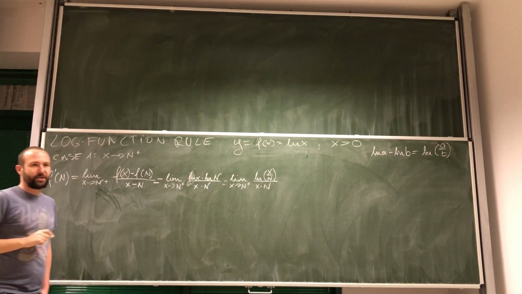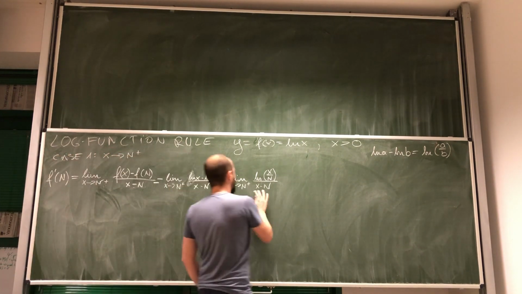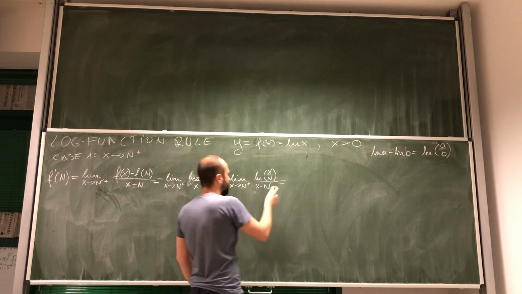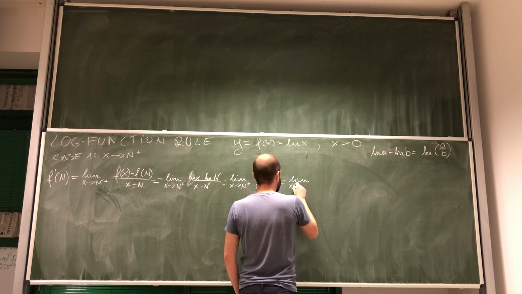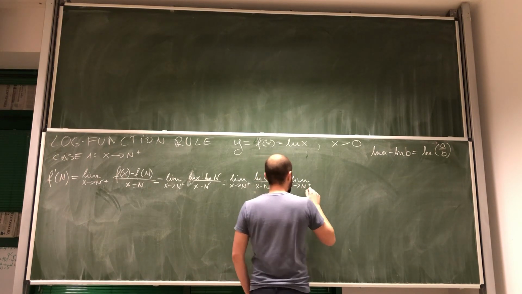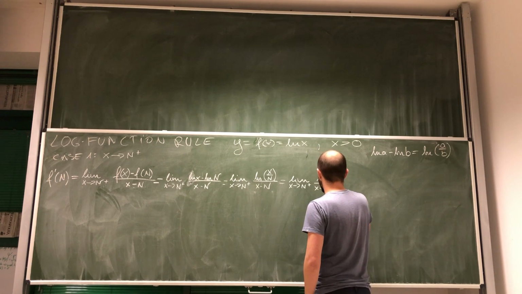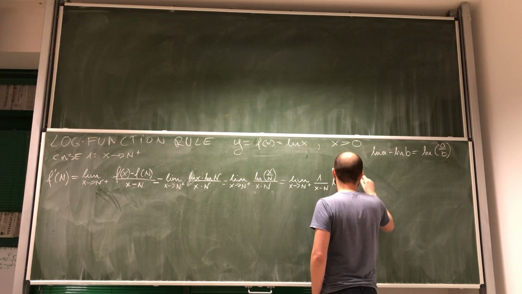Okay, and I'm going to do just one more thing. I'm going to take this x minus n out in front of the logarithm, right? So we have two separate expressions. So we've got that this is 1 over x minus n times ln x over n.